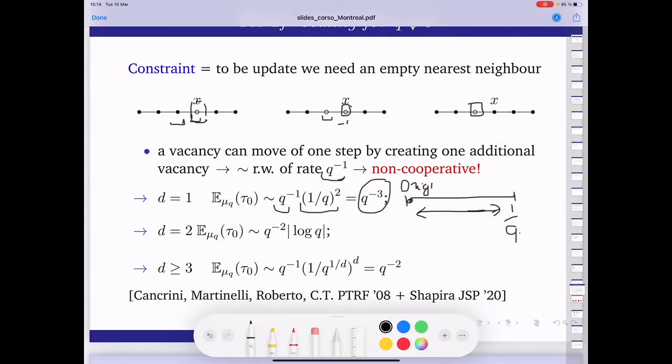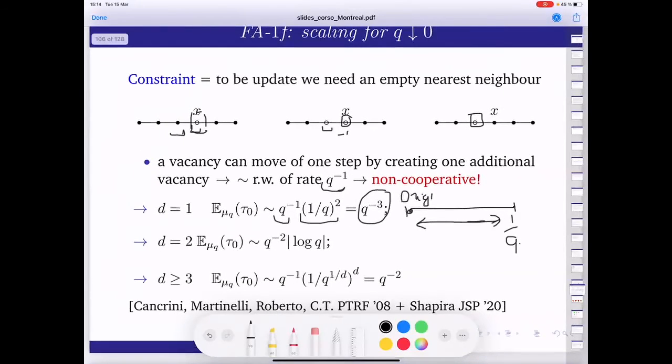So okay, for the East and for the FA1F model, the regions that move around and that allow relaxation are simply single empty sites. But already you can see that, for example, for FA1F, these single empty sites, when they meet, can annihilate. One of them can be annihilated.